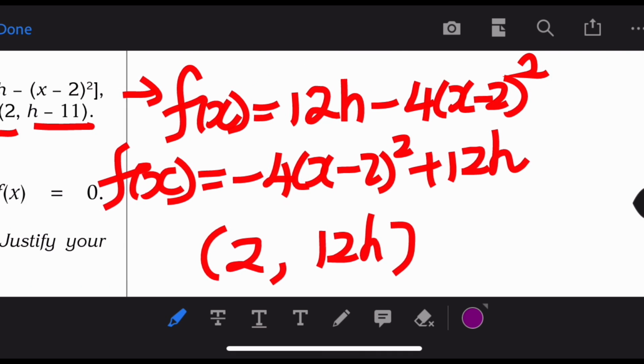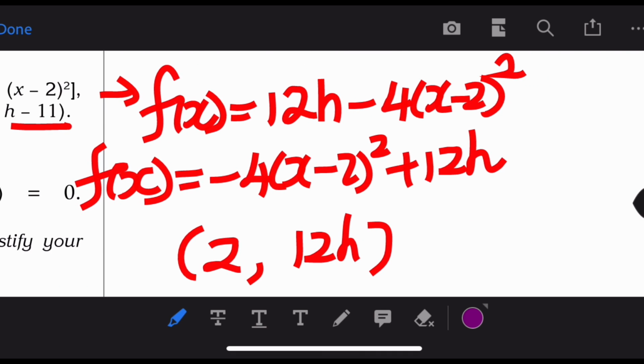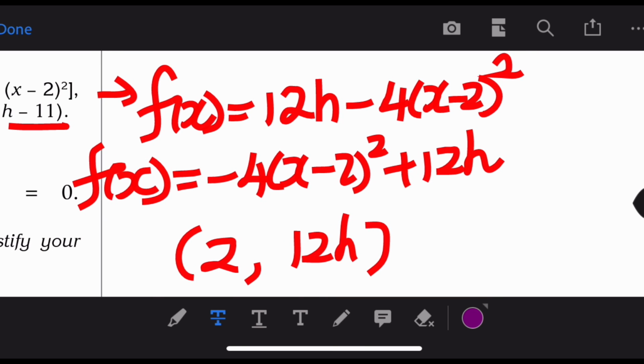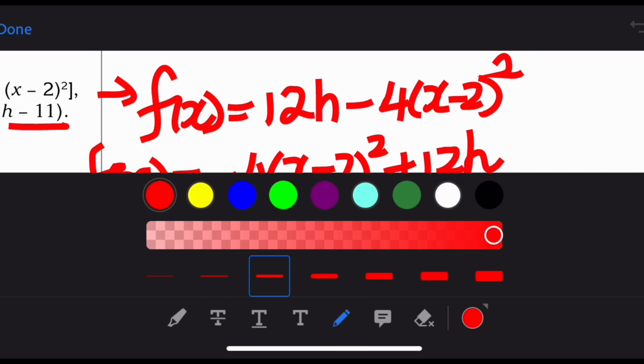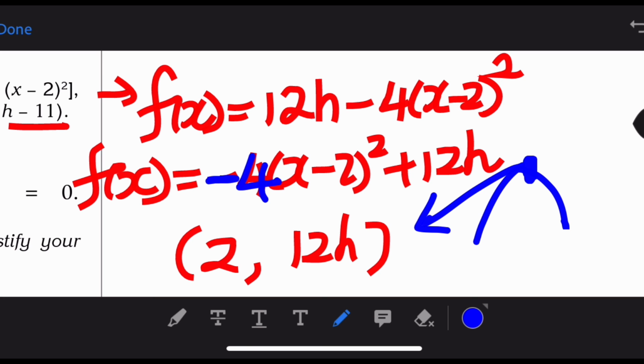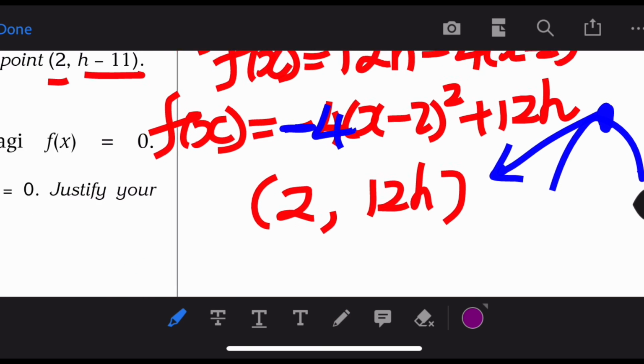So from the vertex form, we can read 2 and 12h is actually the maximum point, is an n shape, right? So this is a max because here is negative 4. You know that? This is negative 4. It means it's an n shape with the highest point is this one. Okay, 12h is the highest value.